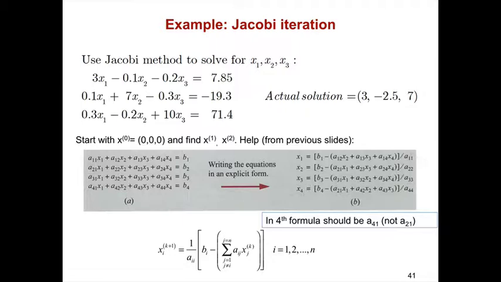So my first equation is 7.85 plus 0.1x2 plus 0.2x3, everything divided by 3. That's this. So in the second equation, I'm going to leave 7x2 on the left-hand side, and then I'm going to have minus 19.3 minus 0.1x1 plus 0.3x3, divided by 7, so that I have x2 equal to something.